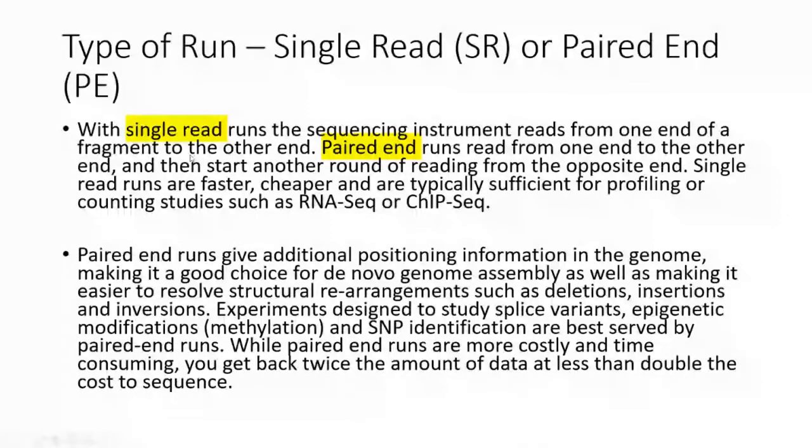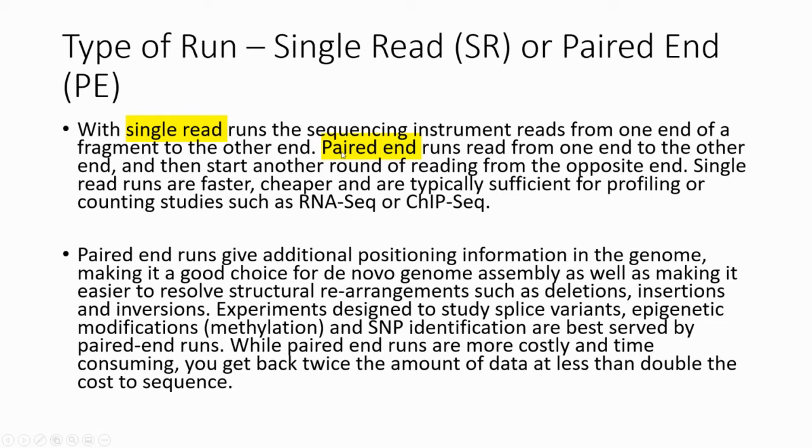So that's called paired-end. And single-read runs are faster, cheaper, right? And sufficient for profiling and counting studies like RNA-seq or ChIP-seq. So this is single-end, but normally we perform paired-end.